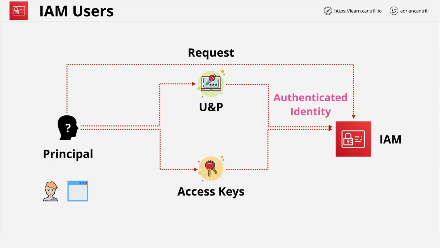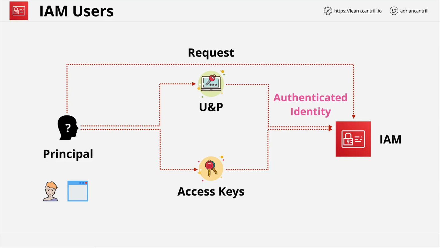Once the principal becomes an authenticated identity, then AWS knows which policies apply to that identity. So in the previous lesson I talked about policy documents, how they could have one or more statements, and if an identity attempted to access AWS resources, then AWS would know which statements apply to that identity.